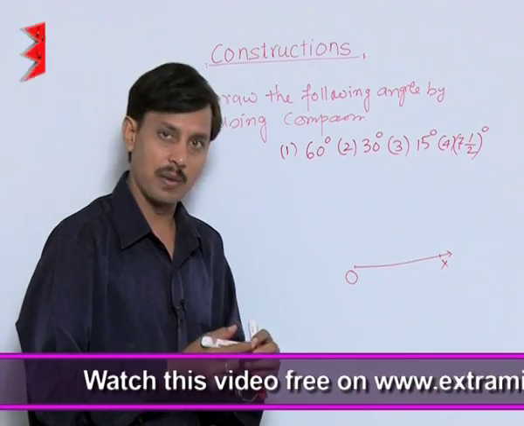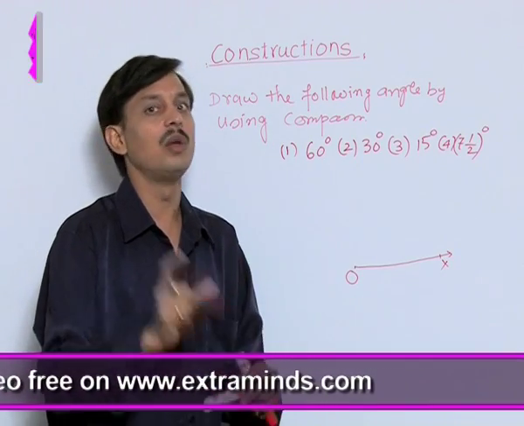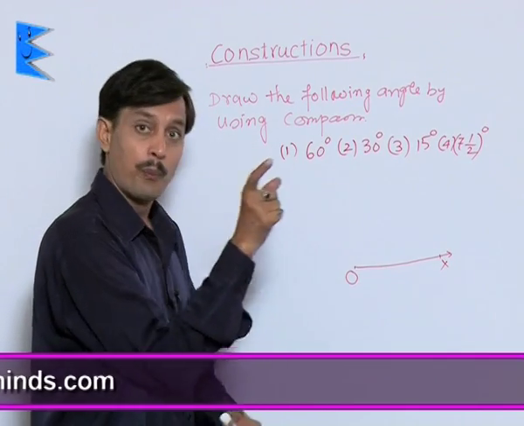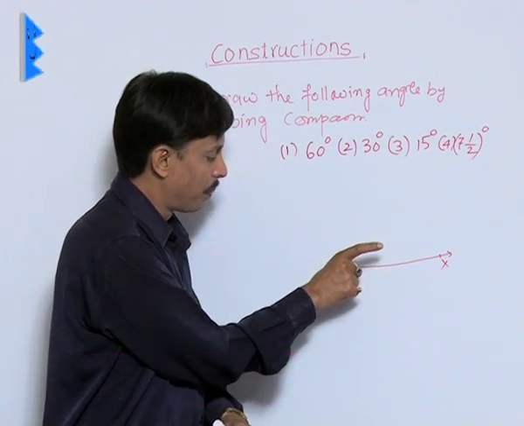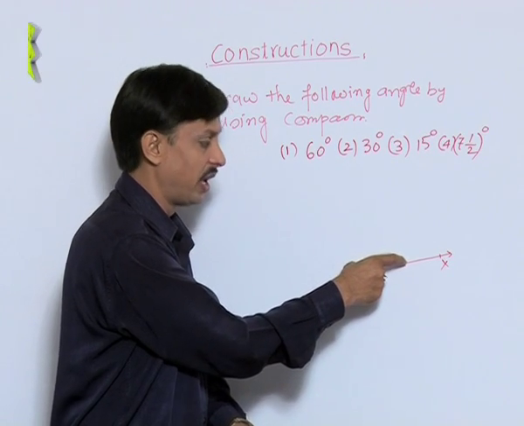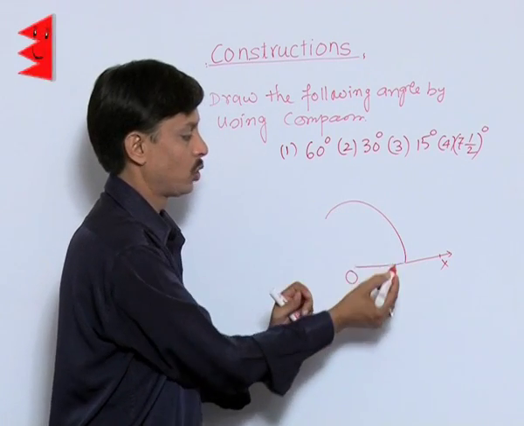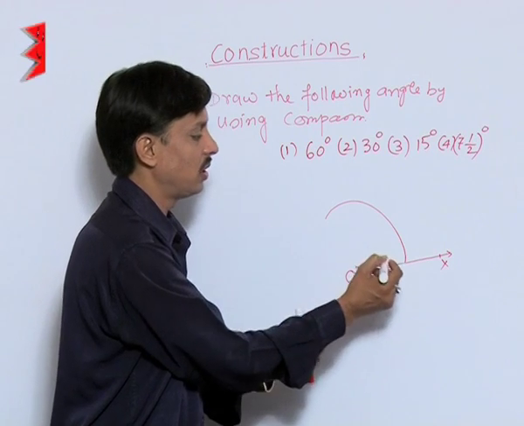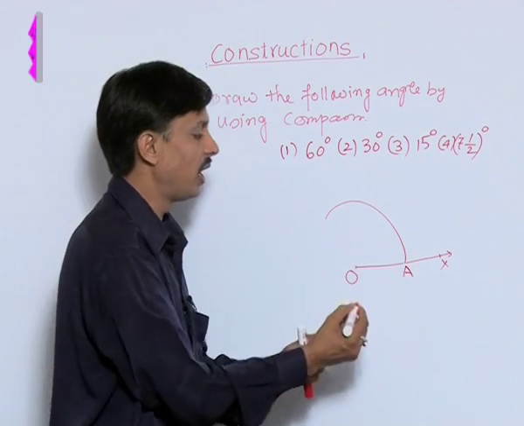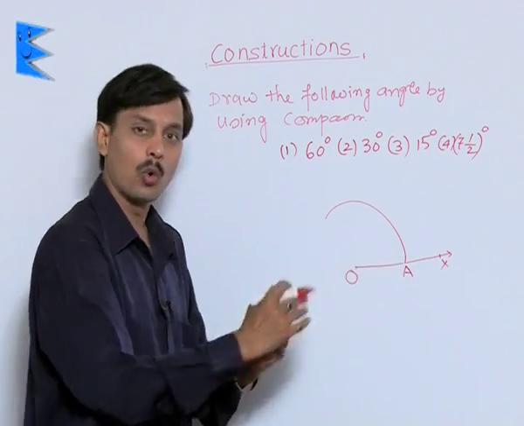Now take your compass and open it with some convenient radius, not fixed. It is your choice. Put the needle of the compass at O and, starting from this ray, mark an arc so that your arc starts from a point, suppose A, on the first base ray OX.